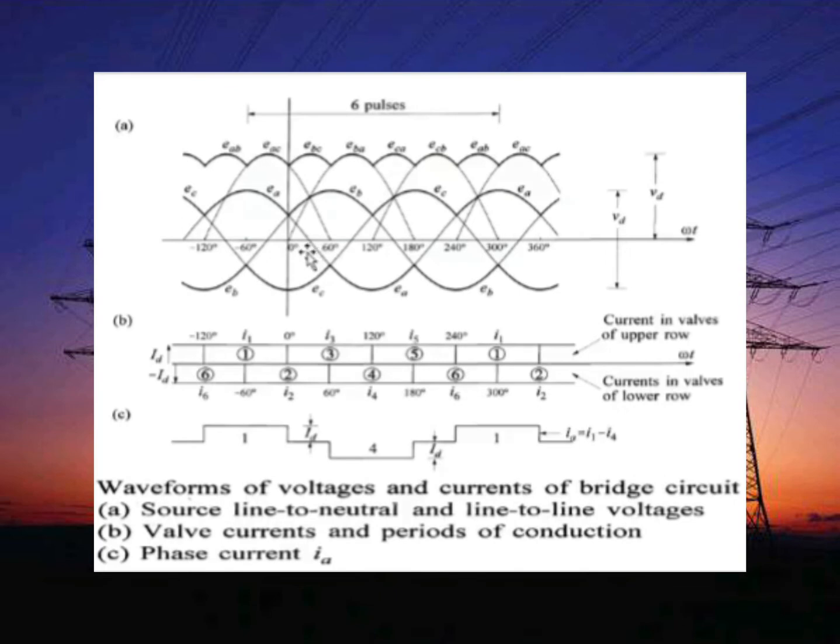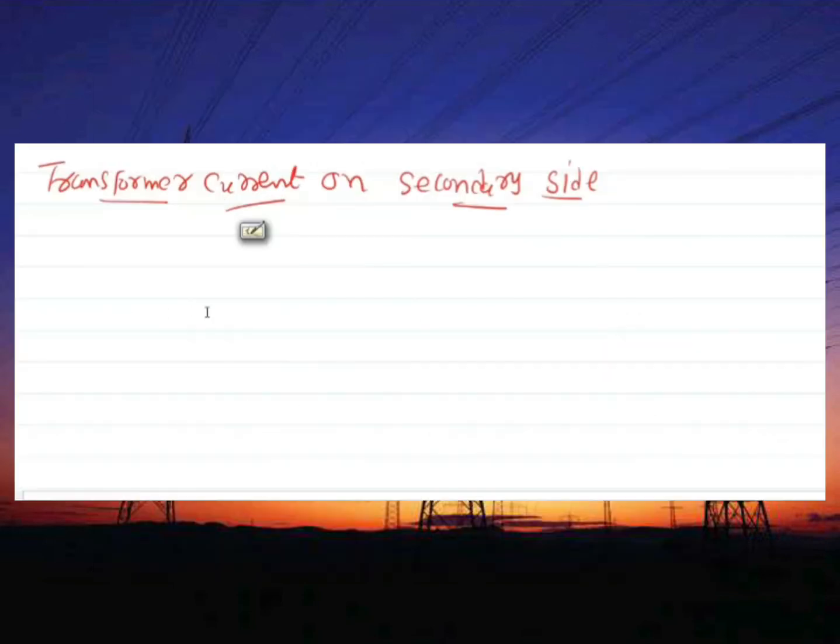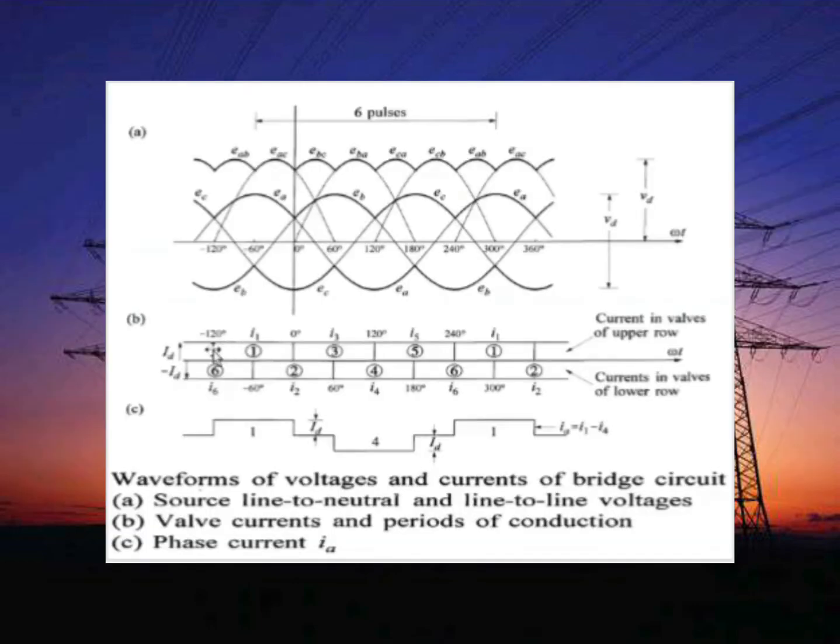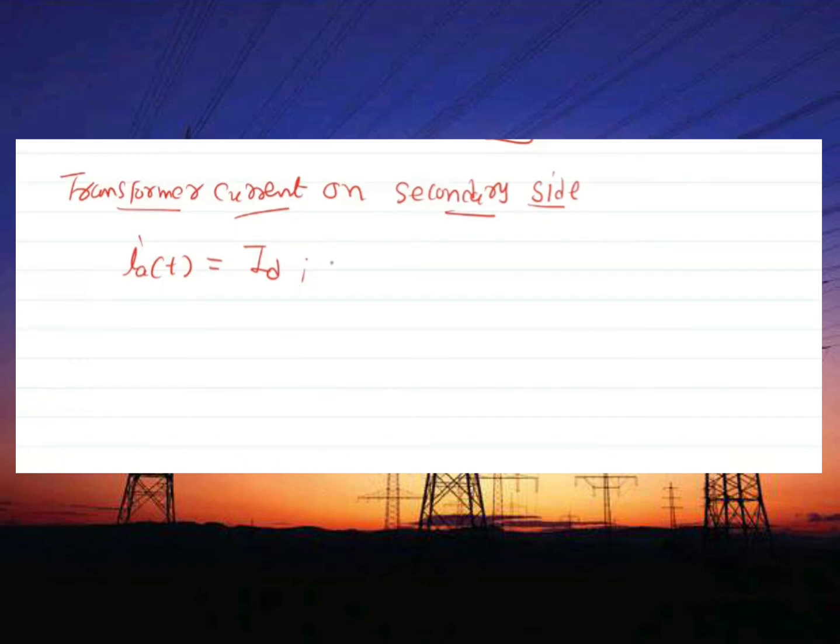Current in phase A is positive when valve 1 conducts. When valve 1 conducts, the current is positive and is given by, so the current in phase A, IA at time t, is equal to the value of current ID, right? So during minus 2 pi by 3 to 0, valve 1 of phase A is conducting.